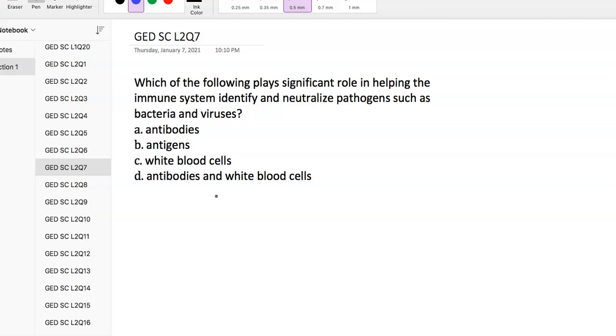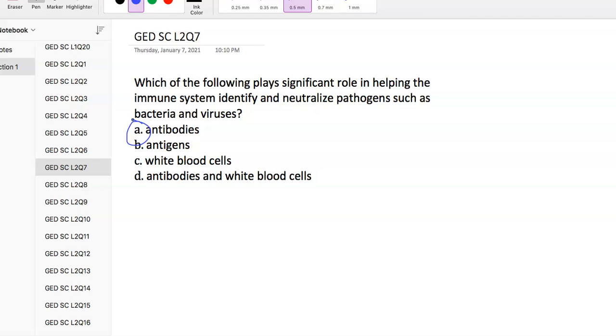Okay, so question 7. Which of the following plays a significant role in helping the immune system identify and neutralize pathogens such as bacteria and viruses? Okay, so that would be antibodies. An antibody is a large Y-shaped protein that is used by the immune system to neutralize pathogens such as bacteria.